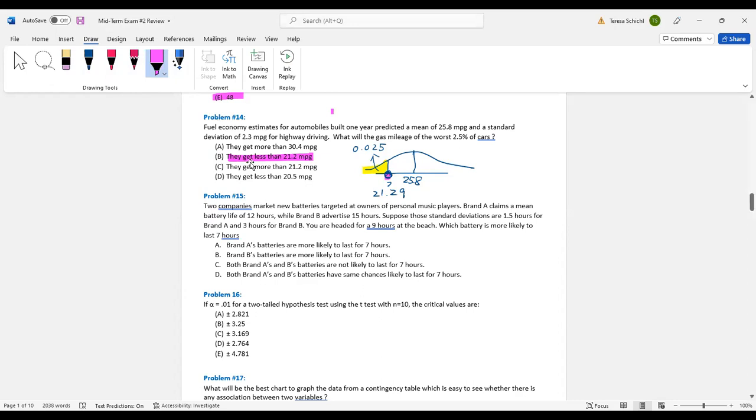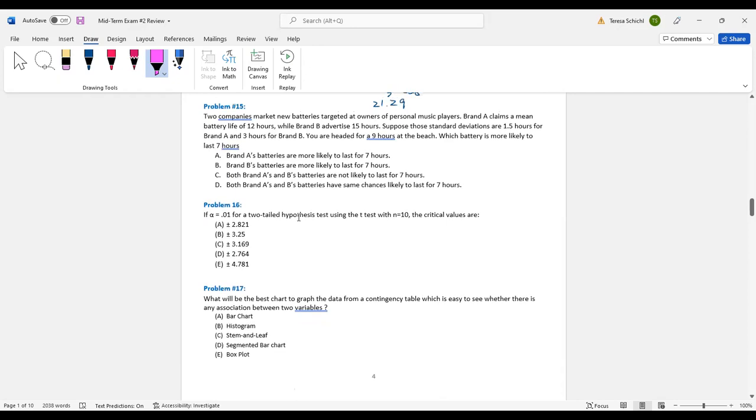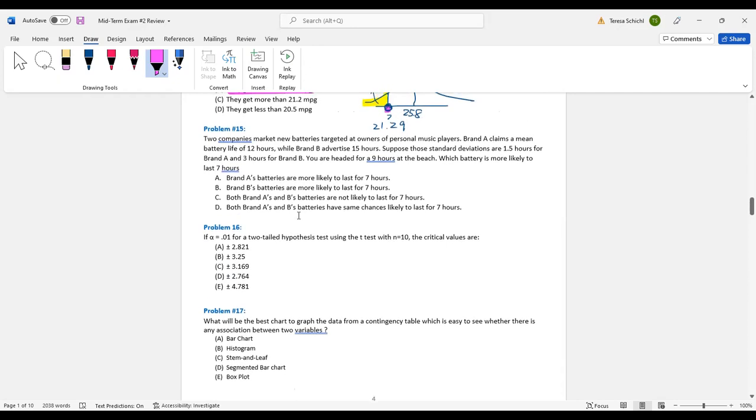Okay, now let's take a look at number 15. Two companies make new batteries targeted at owners of a personal music player. Brand A claims a mean battery life of 12 hours, while brand B claims 15 hours.